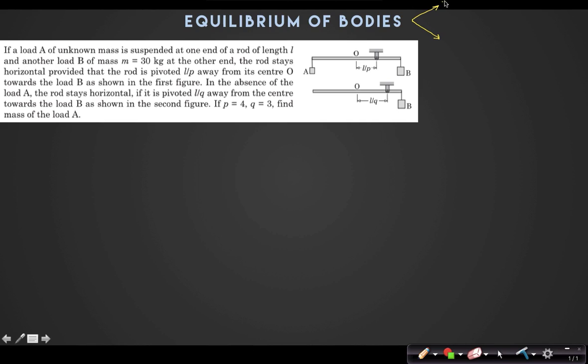One is translational equilibrium, which means the net force is zero. Another is rotational equilibrium, which means the net torque is zero.